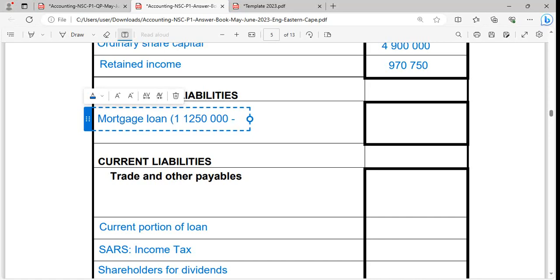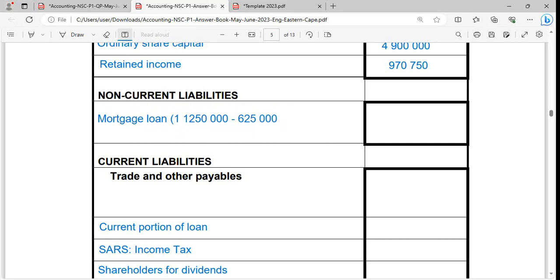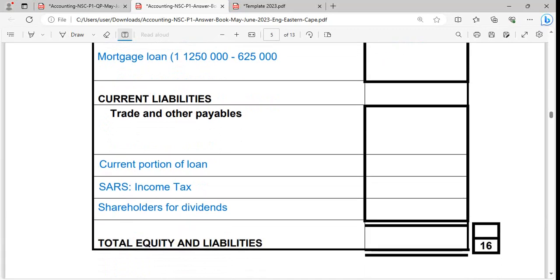So this balance of 625, we are subtracting it from non-current liabilities because it does not qualify as a long-term liability, as it is payable within 12 months. So all liabilities payable within 12 months, siwafaka kuma current liabilities.